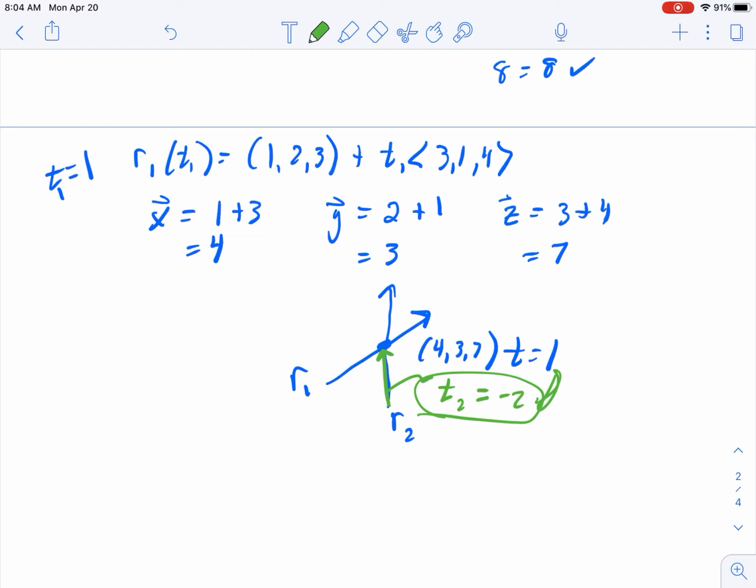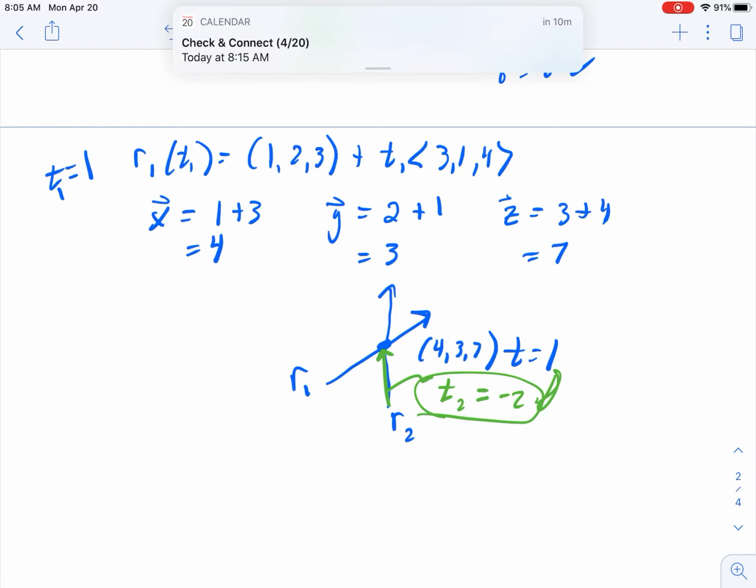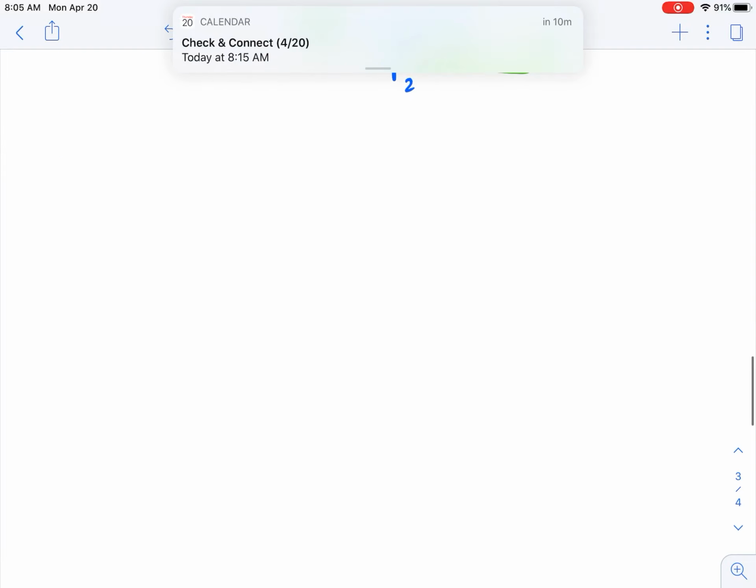All right, so let's do one last thing with this. So if you have, let's say R1 of T1, and you have 1, 2, 3. Oops, that's my point.